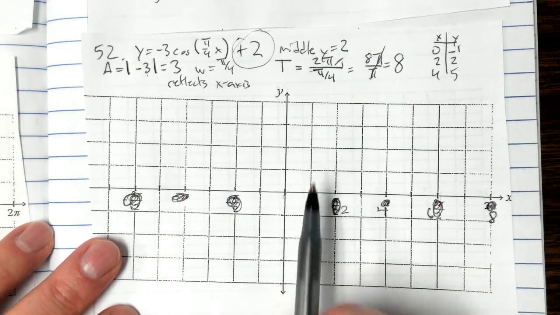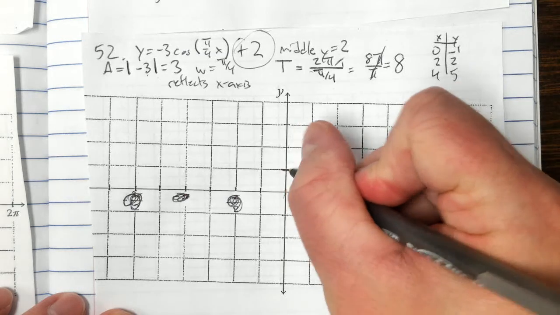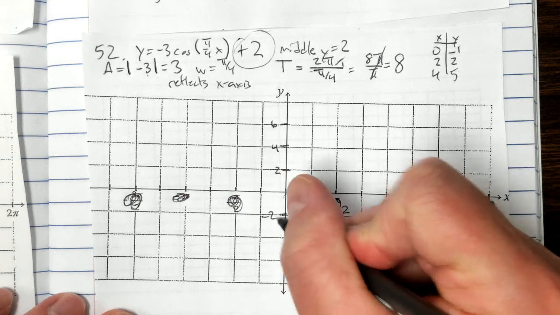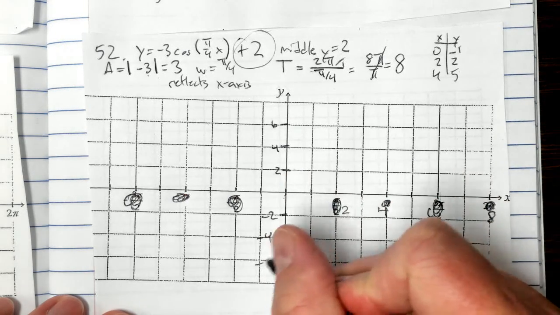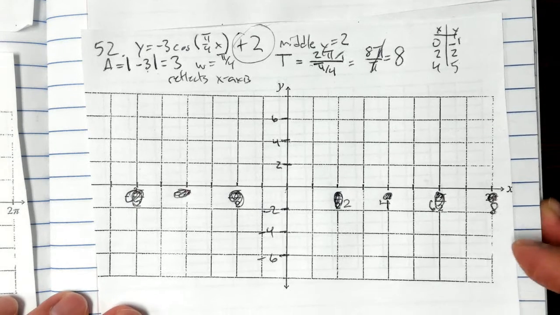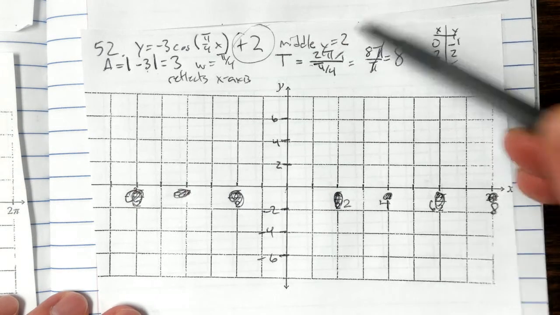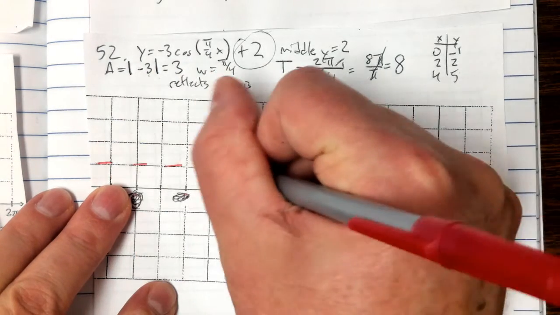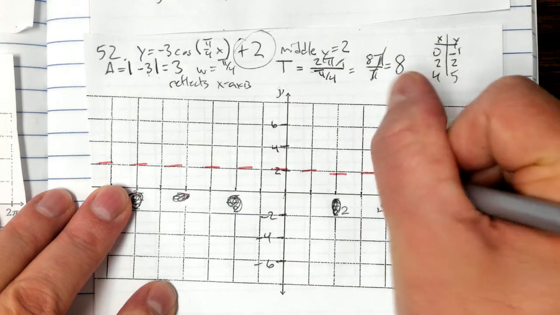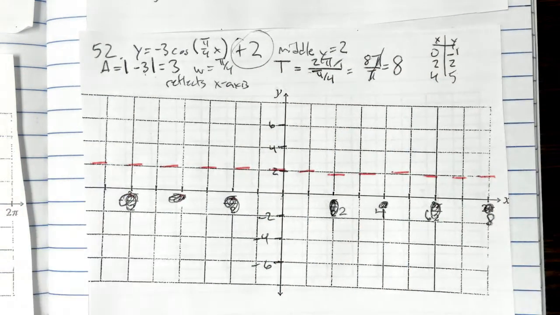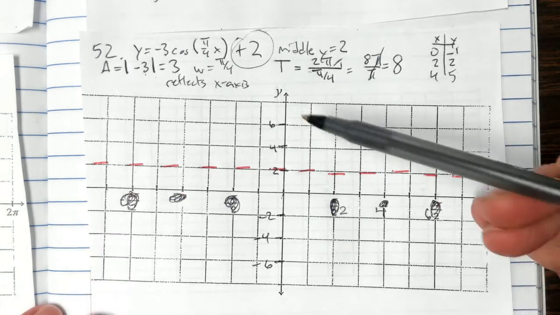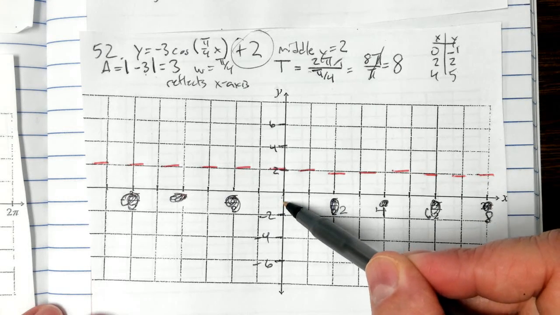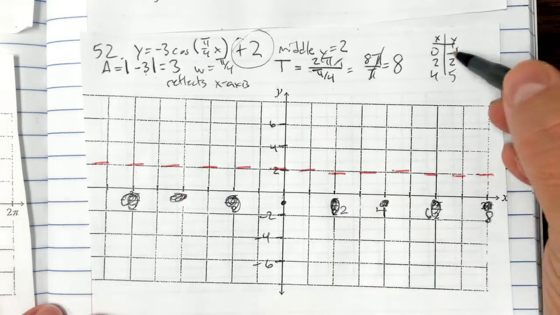Let's do our counting by 2s like we did before. So we've got 2, 4, 6, -2, -4, -6. Okay, so our middle line is at y = 2. Let's mark that this way with a dashed line. Okay, and then our amplitude's 3, so we're going to go down 1.5 blocks, and this point lines up with the 0, -1.